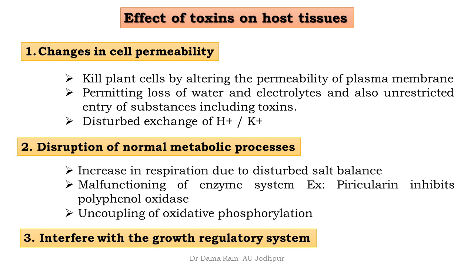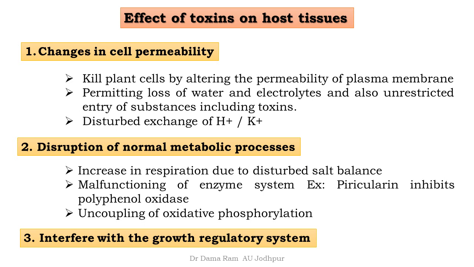And the second one is the disruption of normal metabolic processes. It increases respiration due to a disturbed salt balance. Also malfunctioning of enzyme systems, like pyrrolidine inhibiting polyphenol oxidase, and another is the uncoupling of oxidative phosphorylation.